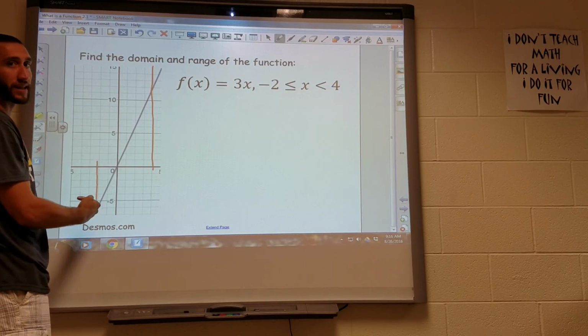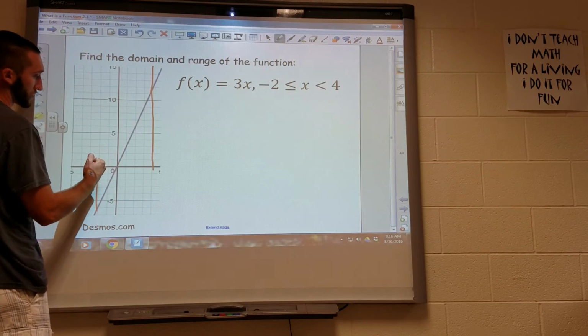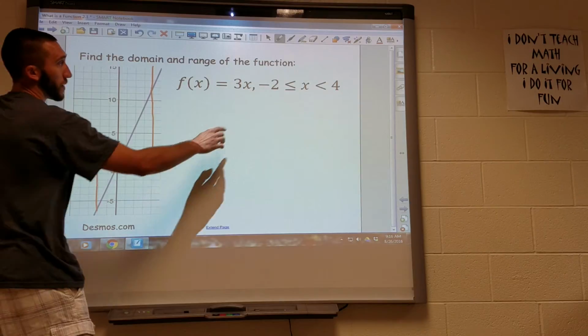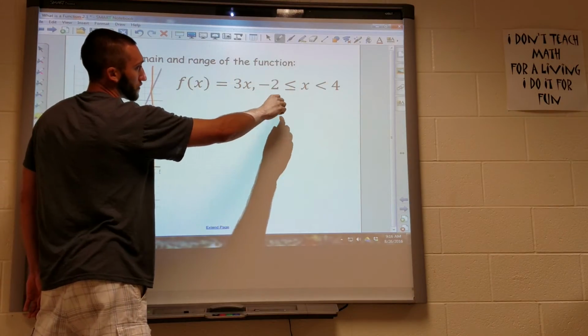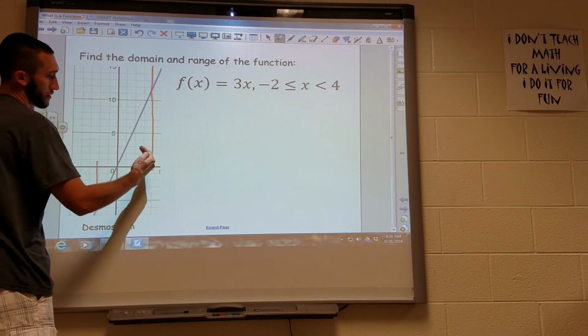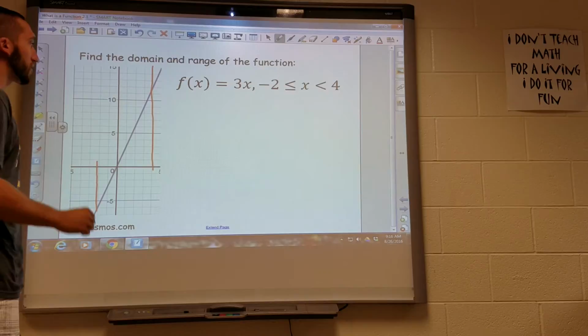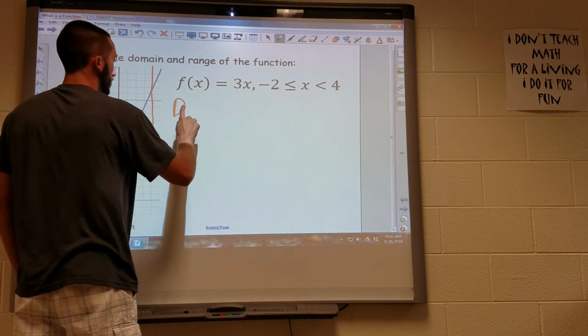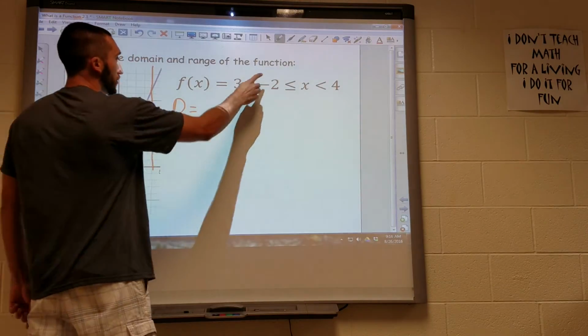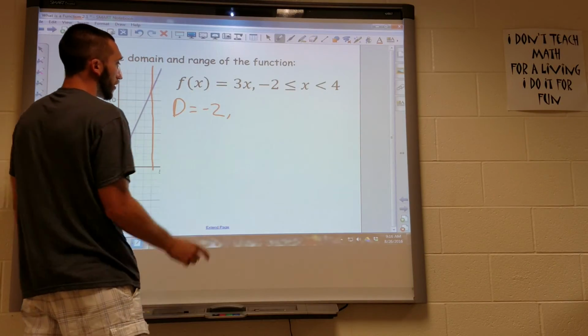My graph is a straight line. So that means the domain of my function is x greater than or equal to -2 to x less than 4, right? There's no interruption in my graph. So that means my domain goes from -2, because I'm equal to -2, right, to 4.